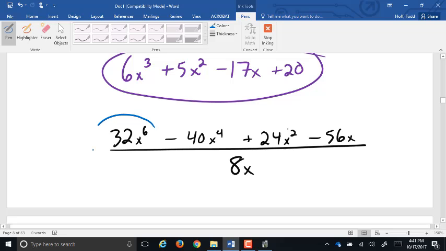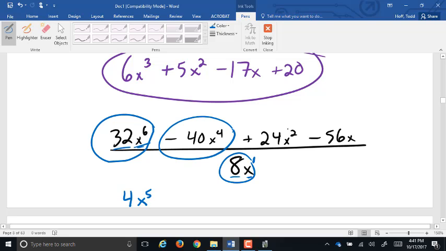Each digit, 32x to the 6th divided by 8x. What is 32 divided by 8? 4. X to the 6th divided by x. Think of that as x to the 1, so it's 6 minus 1. 5. So x to the 5th.